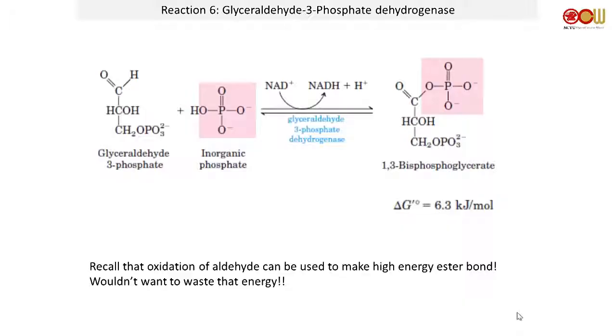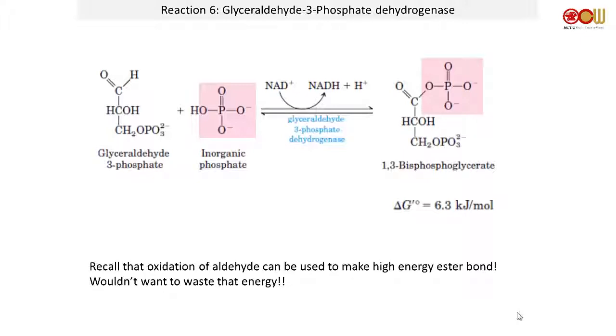And if you look at the screen over there, you see that the delta G is not very large. It's 6.3. So obviously the cell does not really favor the production of 1,3-bisphosphoglycerate, but not too bad, because you now put a bunch of negative charge on the same molecule.